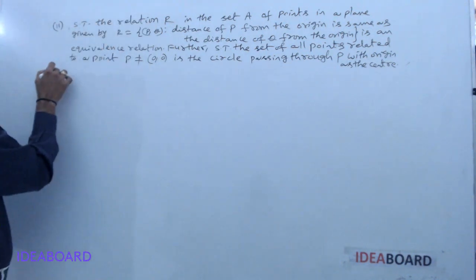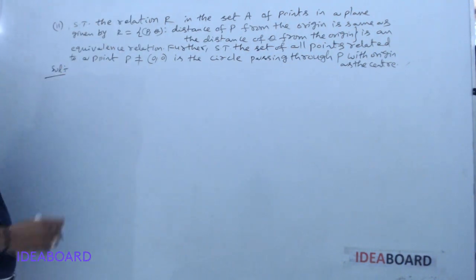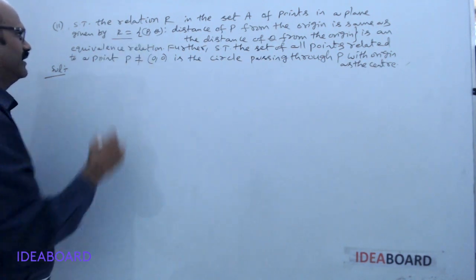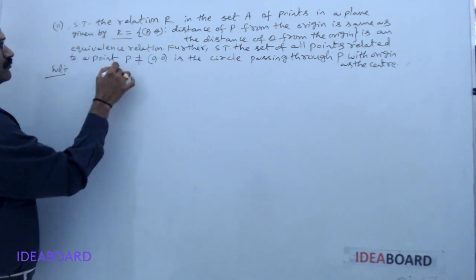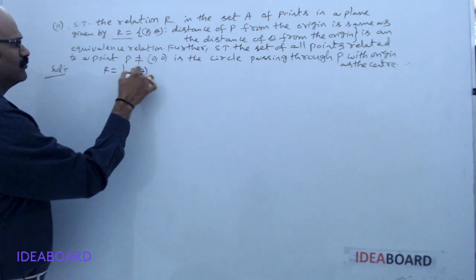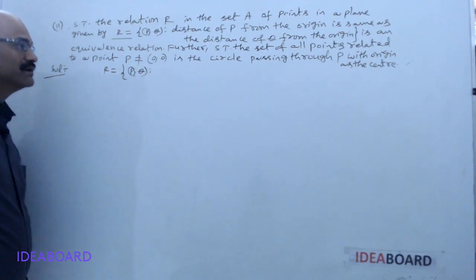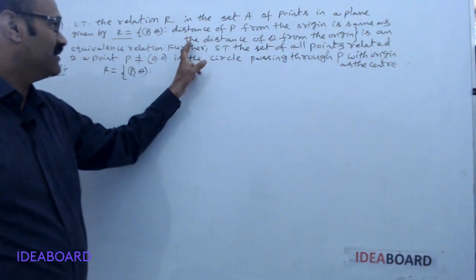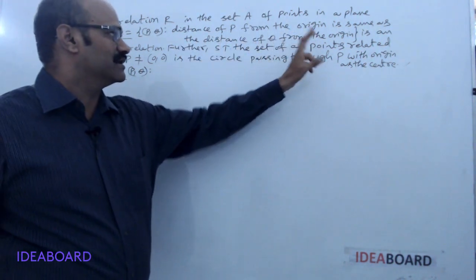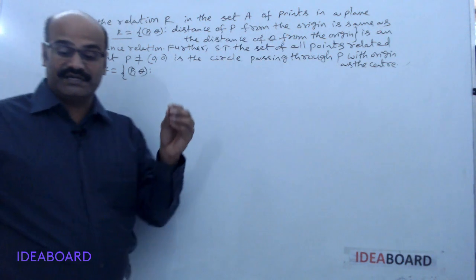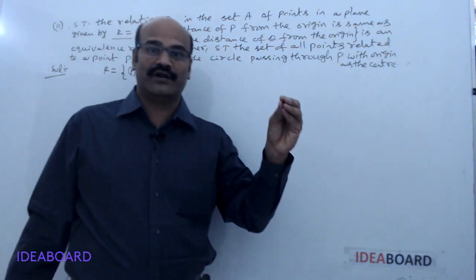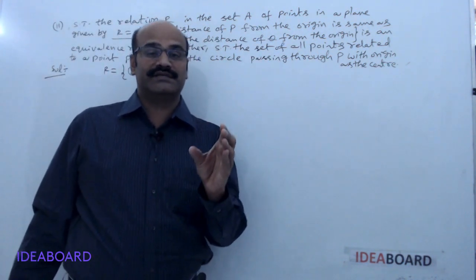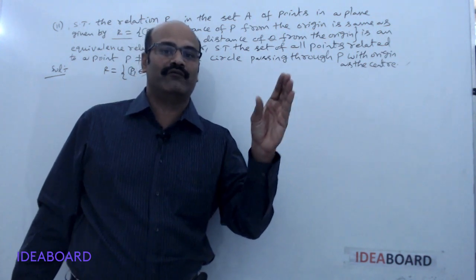Solution. Here the relation R is given by R equal to {(P, Q)} such that the distance of P from the origin is the same as the distance of Q from the origin. The distance between O and P is denoted by OP and the distance between O and Q is denoted by OQ.